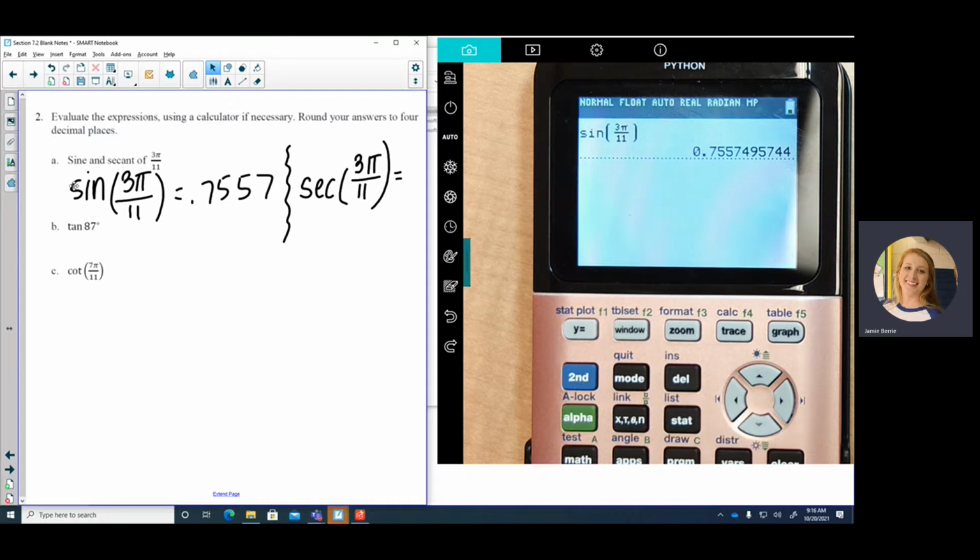So we'll just do 1 over cosine of 3 pi over 11. Let's do our little fraction. 3 pi over 11. Close parentheses. Enter. And there we go. 1.5270.